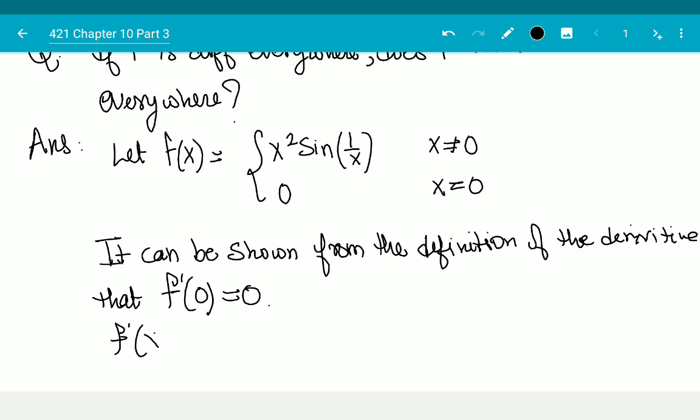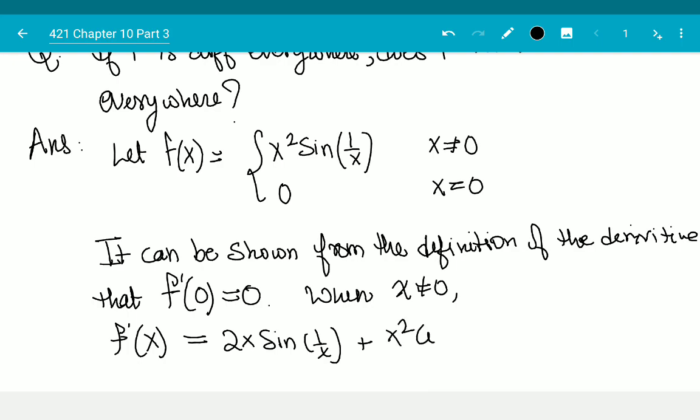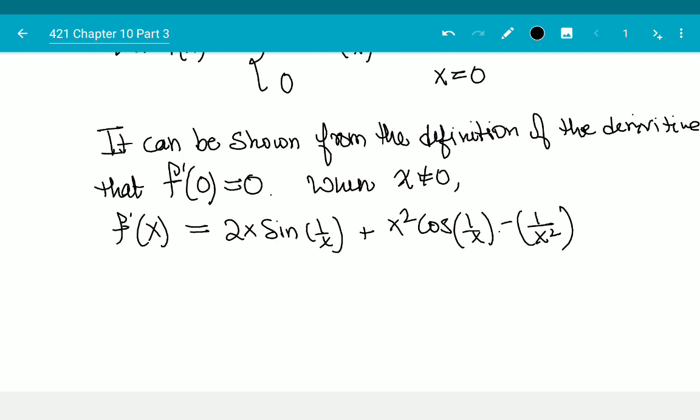Now, when x is not equal to 0, f prime of x is the derivative of x squared sine 1 over x, which is 2x sine 1 over x plus x squared cosine 1 over x multiplied by negative 1 over x squared, right? Which is equal to 2x sine 1 over x minus cosine of 1 over x.